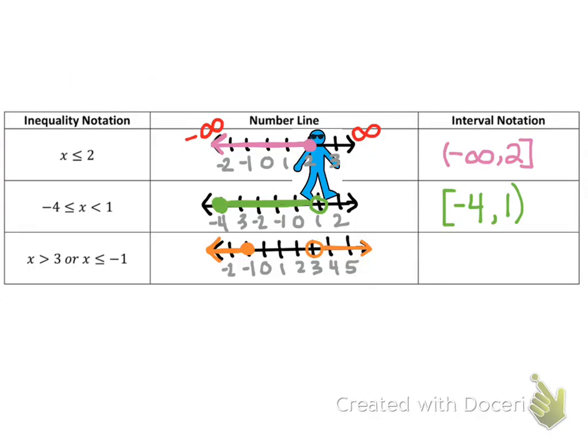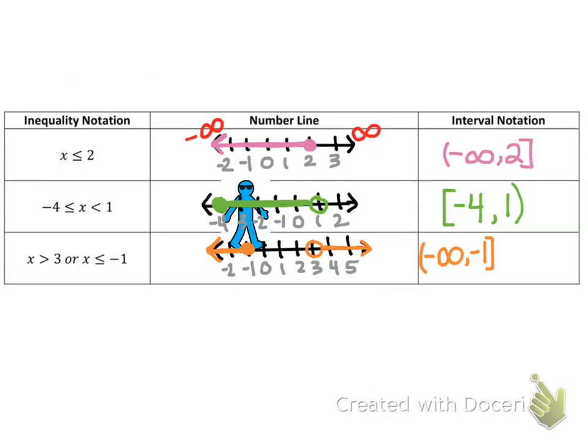How do we represent this solution in interval notation? If we take our little guy, pretend he's coming from who knows where, he's coming from all the way over here, he walks and he stops at negative 1. He comes from negative infinity, he stops at negative 1, including it, so it gets the bracket.